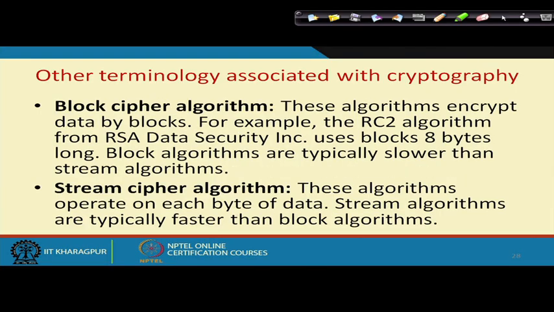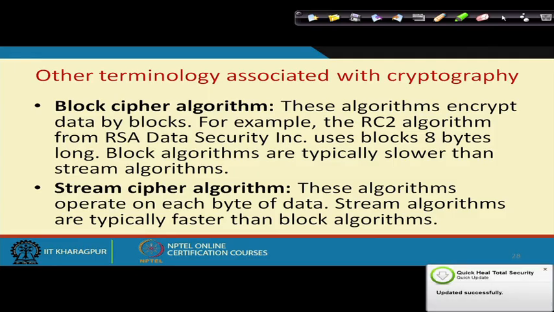Then the algorithms which belong to this cryptography can be broadly classified into 2 categories. One is the block cipher algorithm, the second is the stream cipher algorithm. Block cipher algorithms encrypt the data by blocks. Stream cipher algorithms operate on each byte of data. The stream cipher algorithms are typically faster than the block algorithms.